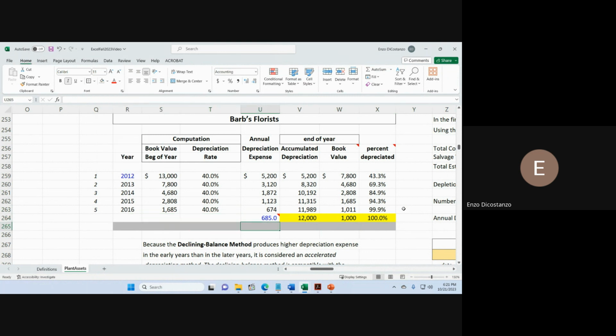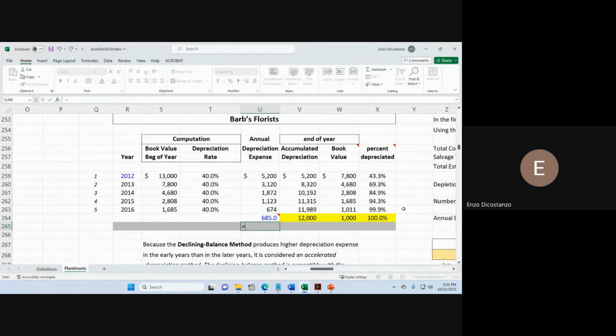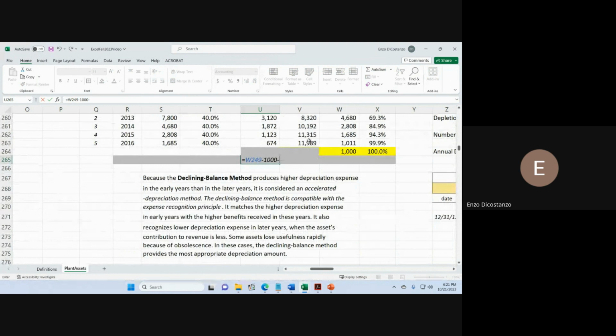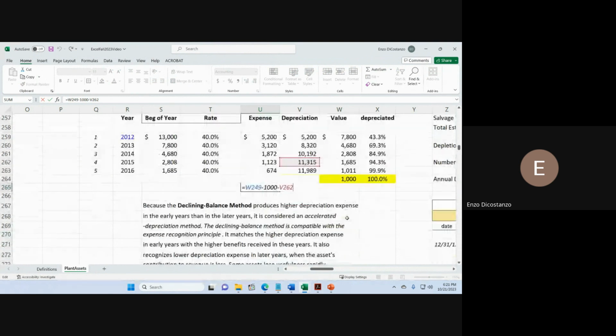And the last bit of this, we did a check. We did a check of 13,000 minus 1,000 minus that 11. Okay. So we did here, we took 13,000 minus 1,000.